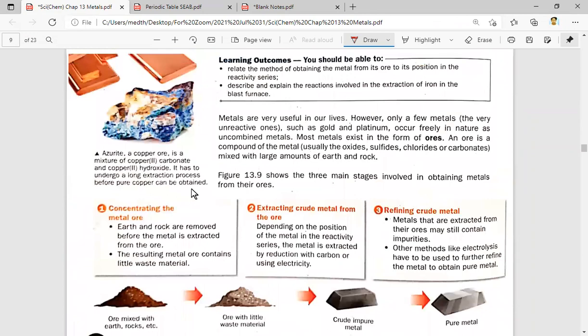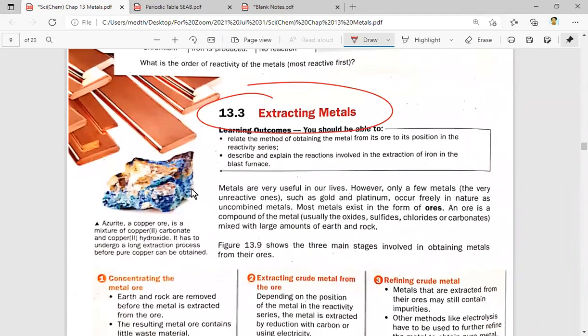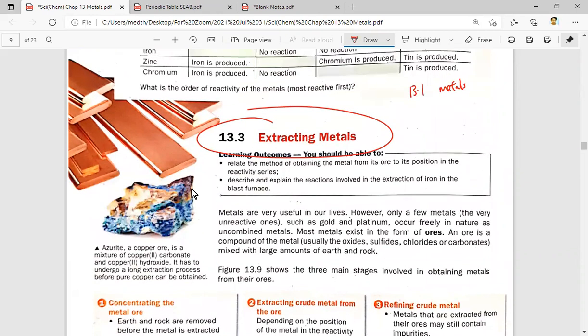What we have covered so far is metals versus alloy. Previously in 13.1, we covered metals versus alloy, to be more precise, pure metal versus alloy. In 13.2, we covered the reactivity series, and we looked at this type of reaction called the displacement reaction.